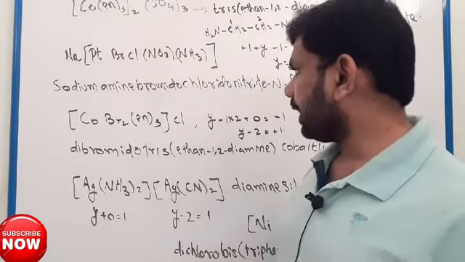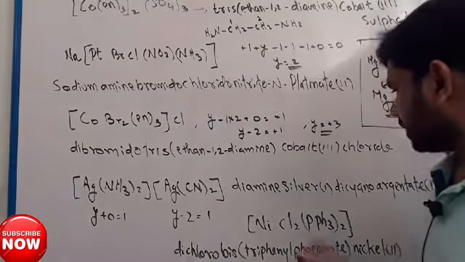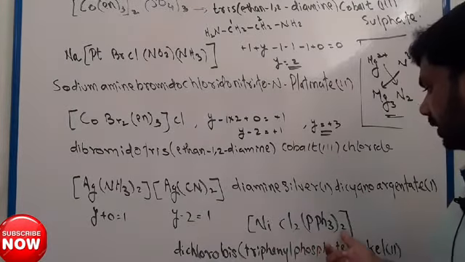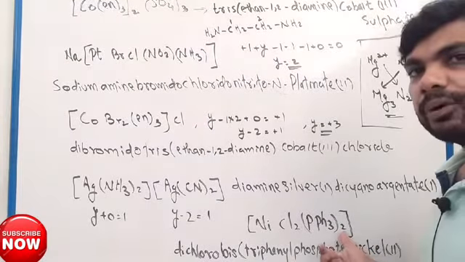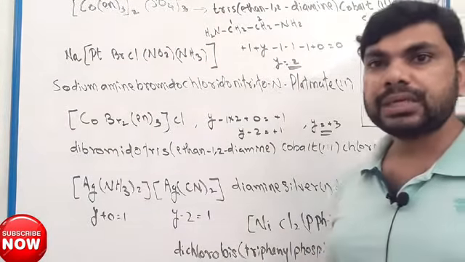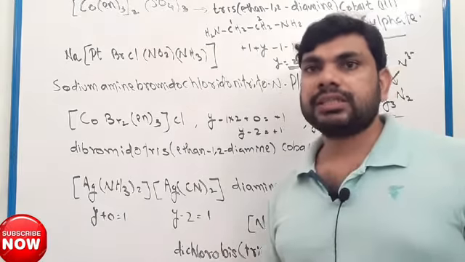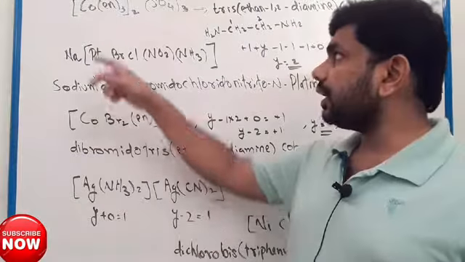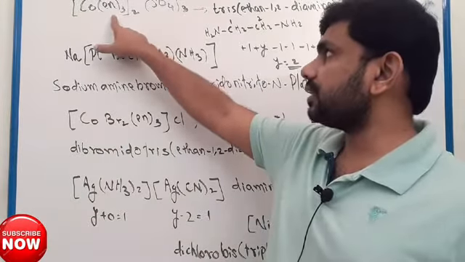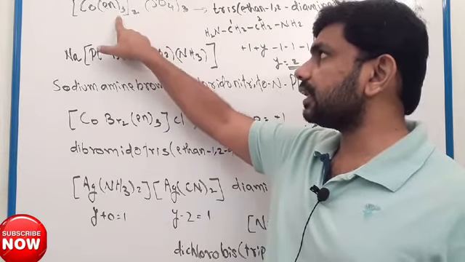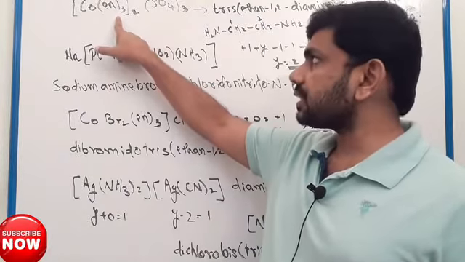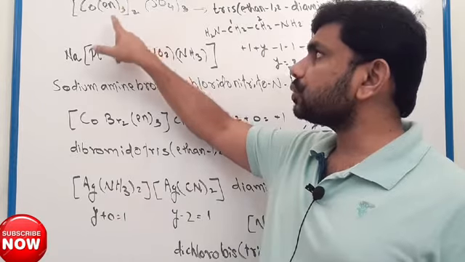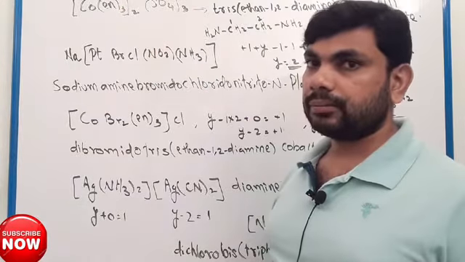Also we have another type of ligand. See here PPh3. Here it is 2. So for this type of ligand we will use bis, tris, tetrakis, etc. So here we have en repeating 3 times. So tris(ethane-1,2-diamine).